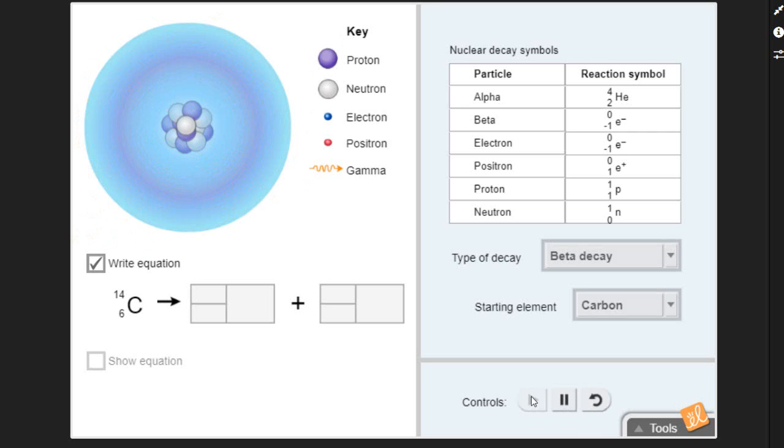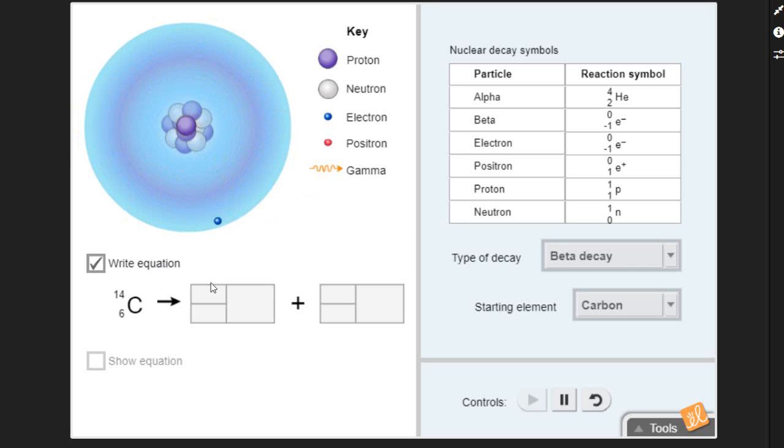What's happening? The neutron is changing into a proton. When that happens, it shoots out an electron. Don't ask me how, I have no idea. When that happens, he shoots out the electron. And yes, we get gamma because there's going to be radiation there.